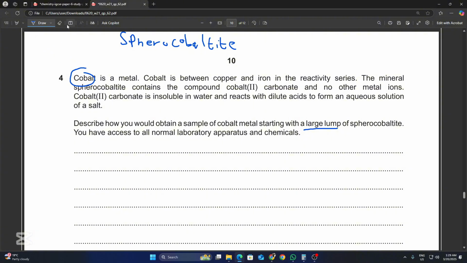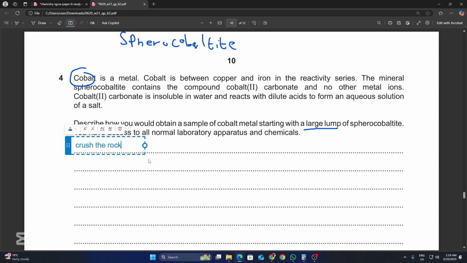The first thing we're going to do is crush the rock, or crush the spherocobaltite, using mortar and pestle. Mortar and pestle are the things we use to crush anything. Just saying this will give you an automatic 2 marks. You have 1 mark for saying crush the spherocobaltite, and 1 mark for saying using mortar and pestle.